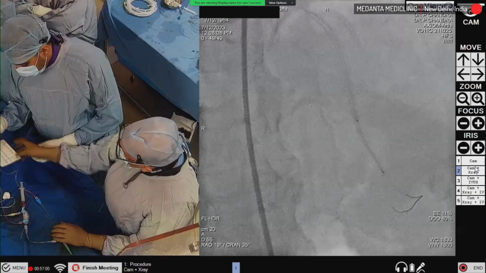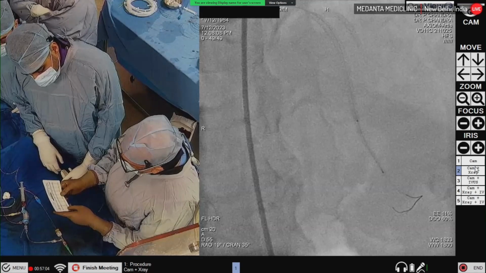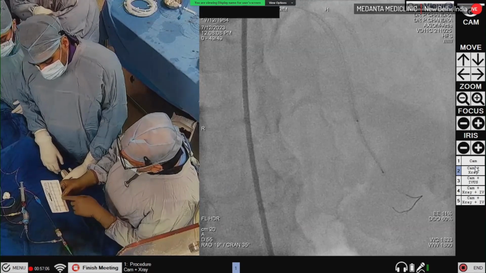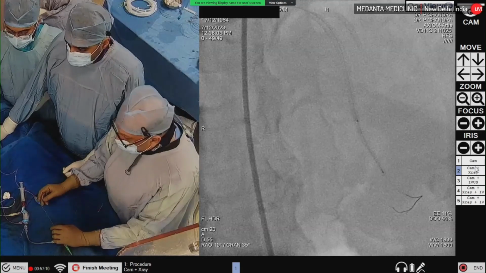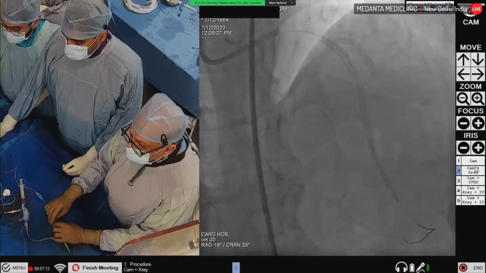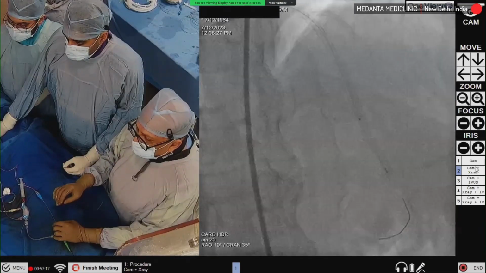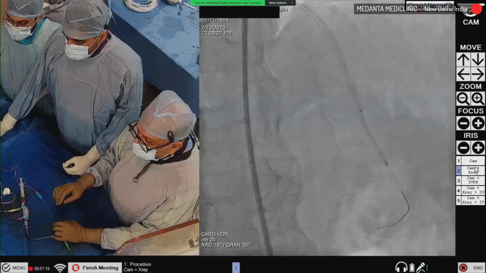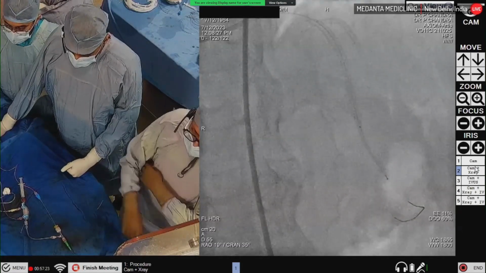This 2 millimeter balloon at 8 is 2.03, and it doesn't expand too much. At 12, it is 2.09. So 8, 9, 10 will be fine. 12, perfect. So we are good to stay like this.